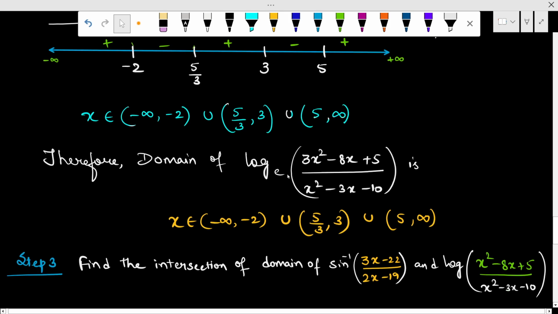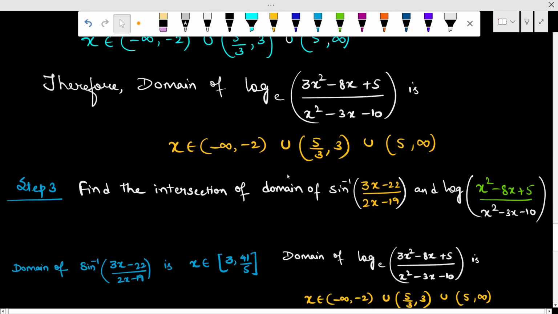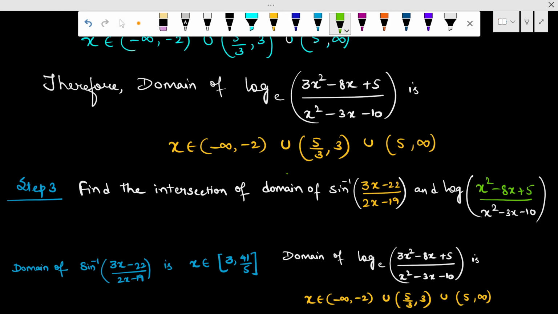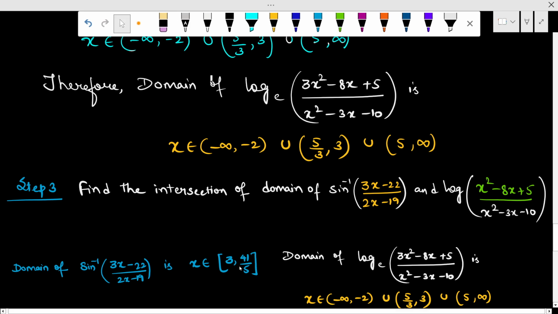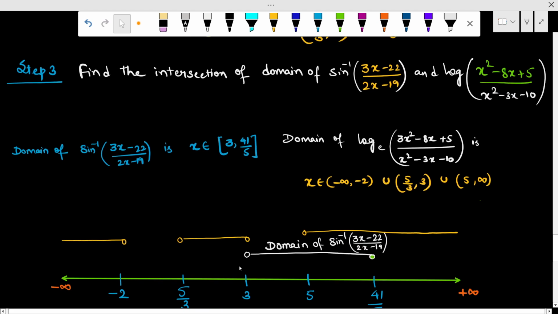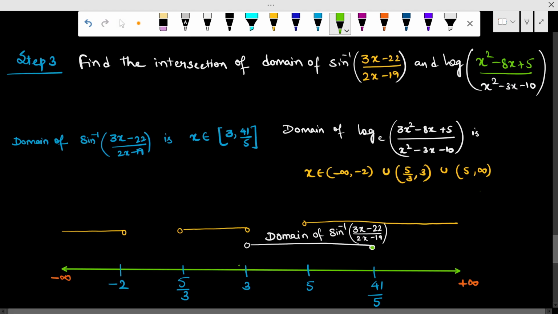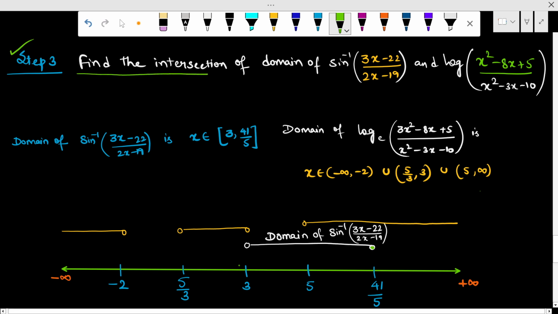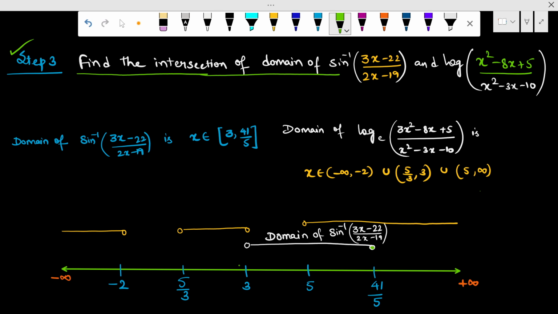Now we have found out the domain of sine inverse x as well as the domain of log of (3x square minus 8x plus 5) by (x square minus 3x minus 10). Now we need to do what? Now we need to find the intersection of both these domains. You can see in step 3, find the intersection of the domain of sine inverse of (3x minus 22) by (2x minus 19) and log of (3x square minus 8x plus 5) by (x square minus 3x minus 10).